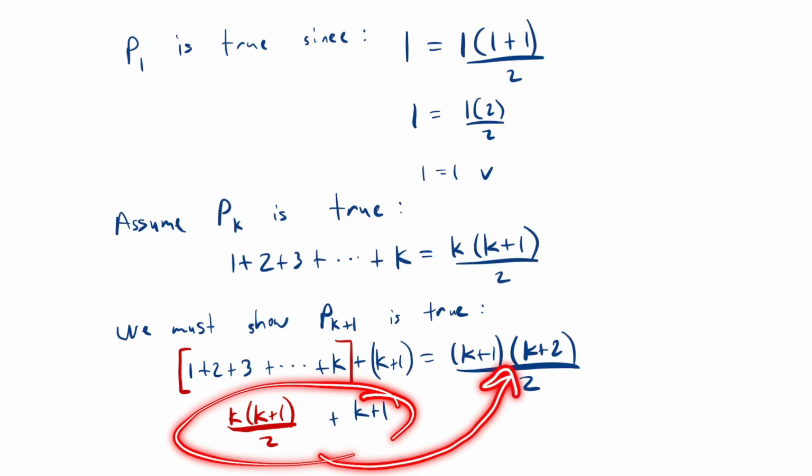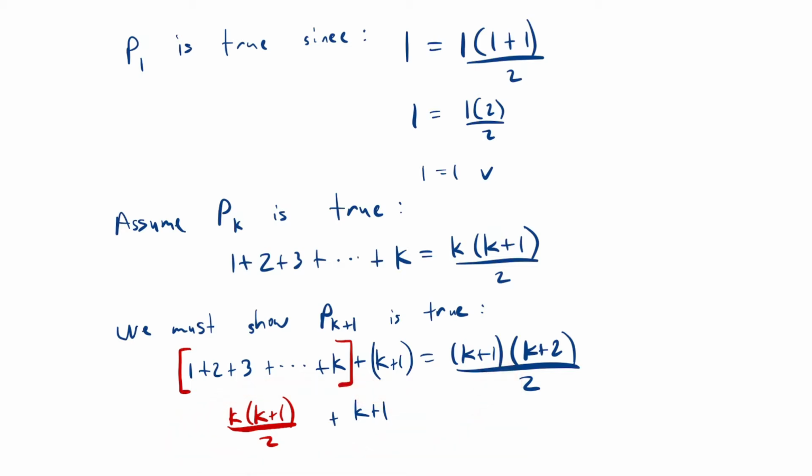So what I would do is put a 1 underneath, get the common denominator, which is 2. So parentheses here, multiply top and bottom by 2. And so now we have a single fraction. Distribute, now you have k squared plus k plus 2k plus 2.